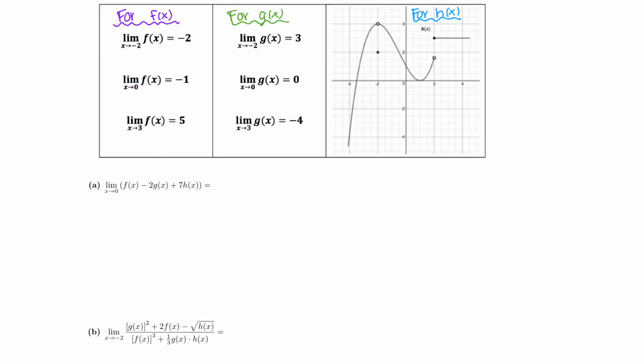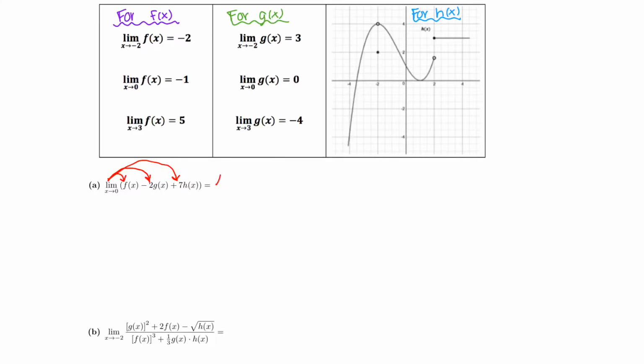So if I look at this first problem, it says the limit as x approaches 0 of f of x minus 2g of x plus 7h of x. I'm going to split this up into something that I can use. Because it's addition and subtraction, I can split up the limit by distributing it over everything.